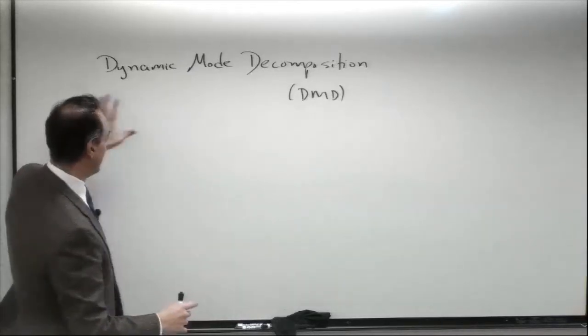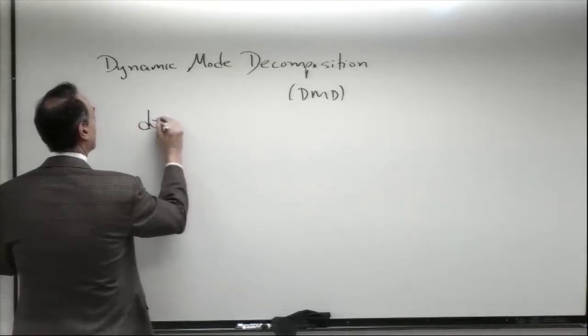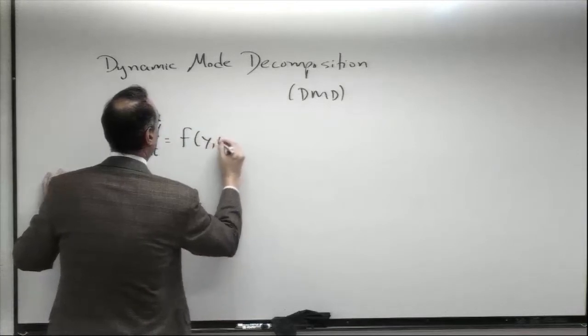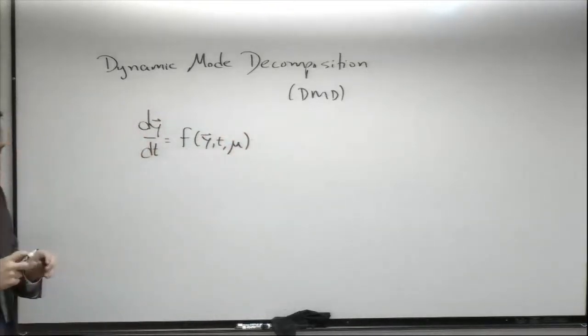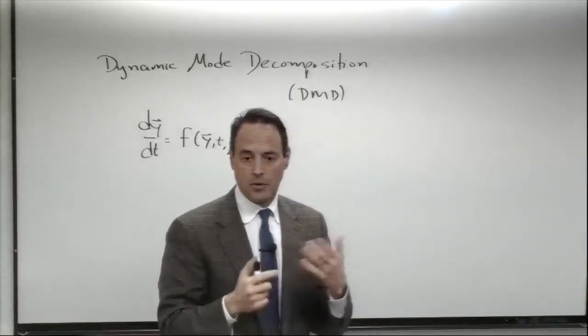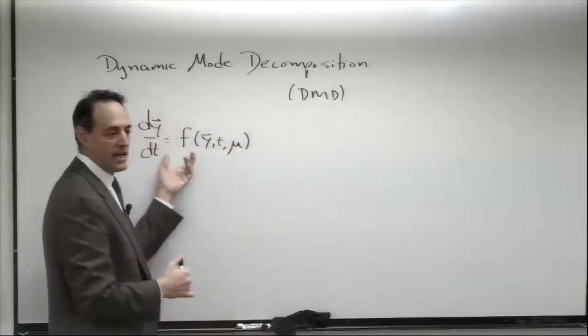So we're going to do DMD, and remember what we were trying to do is say I have a system that is evolving in time. It maybe has some parametric dependency. And remember, part of the argument here is that when you measure systems, there's a lot of systems you actually can write down the equations for.